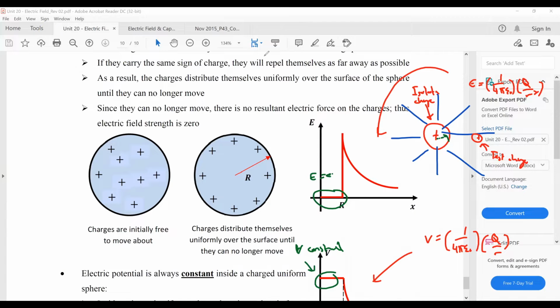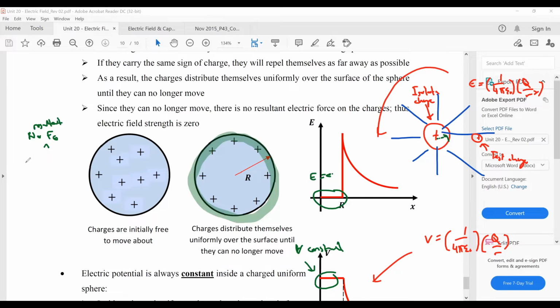They will just go to the surface of the sphere, and then they keep repelling each other until such a point where they stop moving. They reach something like an equilibrium point. They stop moving already. So in that case, you do not have electric force anymore. No resultant electric force anymore.